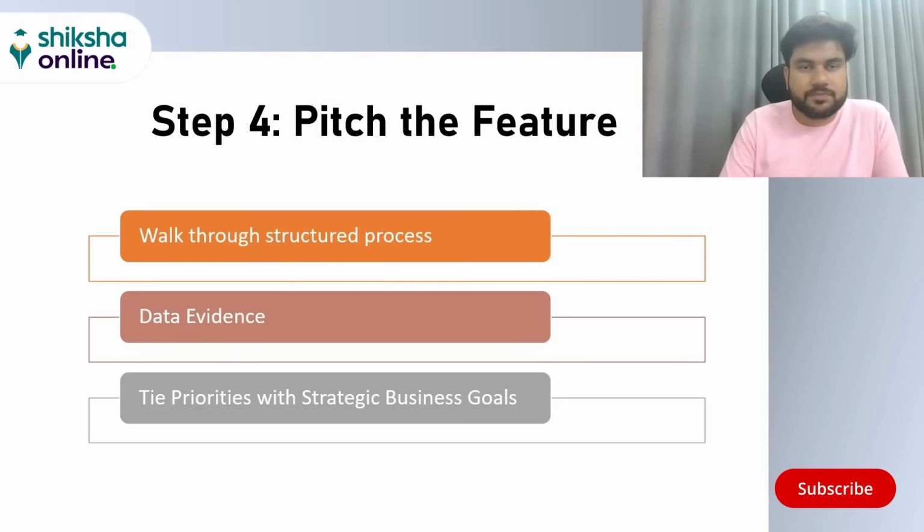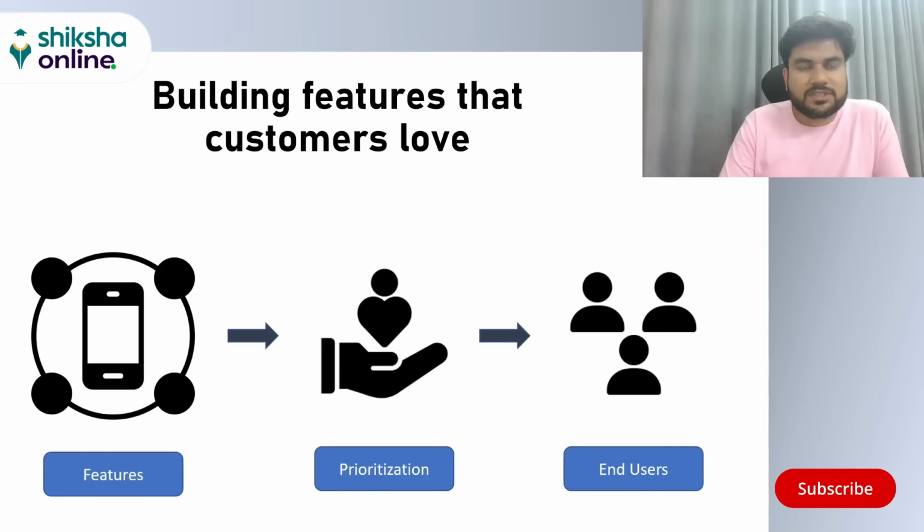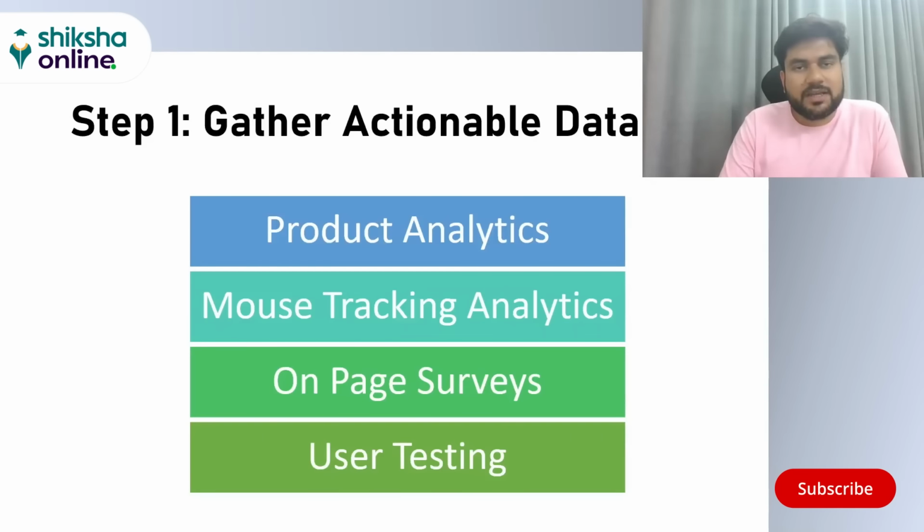So these are the four steps which need to be followed in coming up with why a certain feature needs to be implemented as against a different feature.